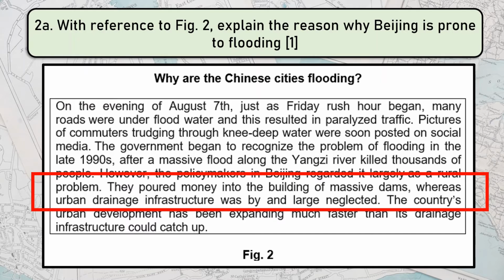However, it is incorrect because in the text here, it says that it is a rural problem. Beijing is actually an urban area, much like Singapore, and therefore it isn't really a rural area, and therefore it is not the factor that we are looking for. So you have to keep your eyes peeled, as well as knowing about the different possible factors that you can talk about.